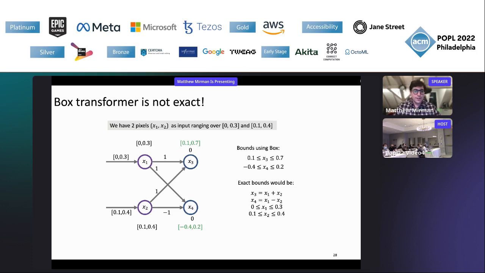Now, of course, if we don't relate these two terms, we're going to include points that aren't actually possible, values for x3 and x4 that cannot be represented. For example, there is no combination of x1 and x2 in the ranges here that would produce x3 equals 0.1 and x4 equals -0.4.